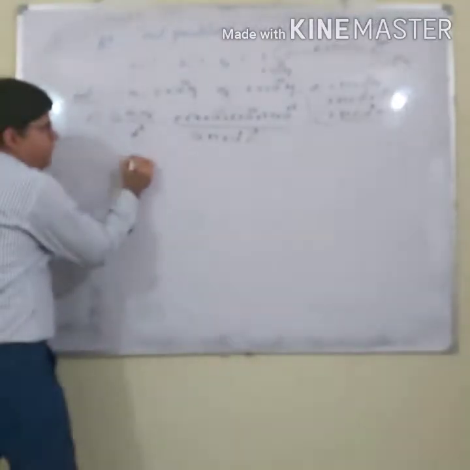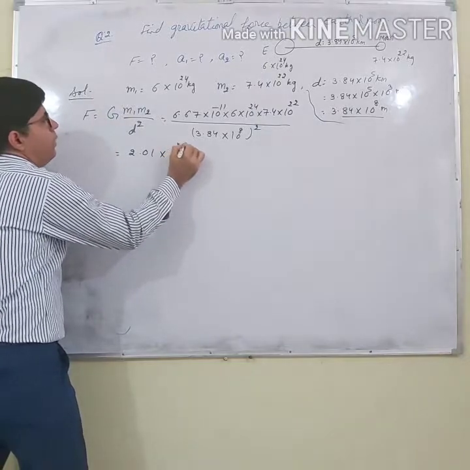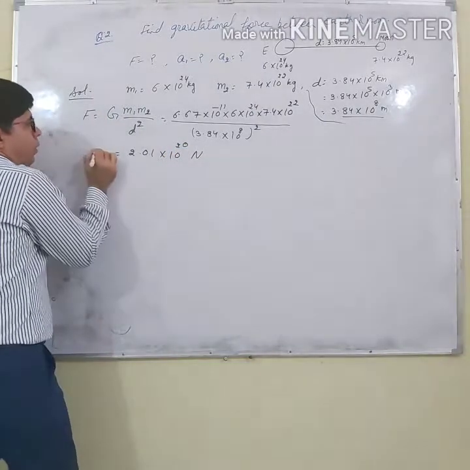If you solve this, you will have 2.01 × 10^20 Newton.